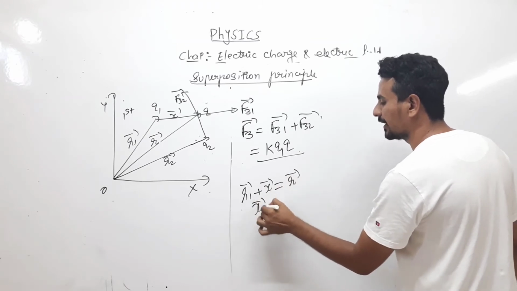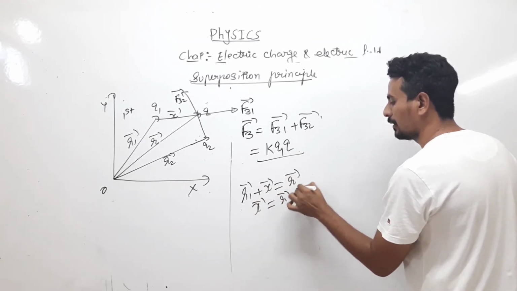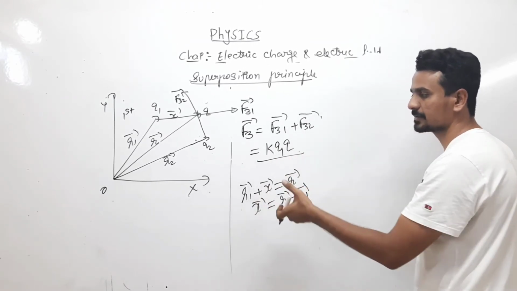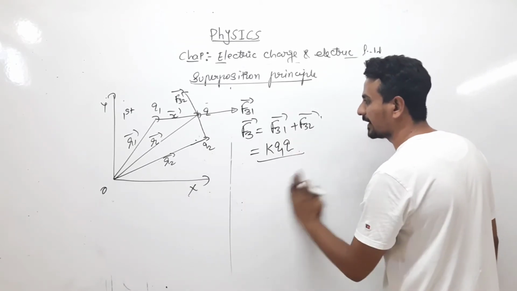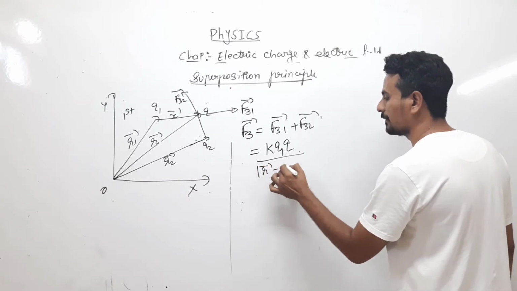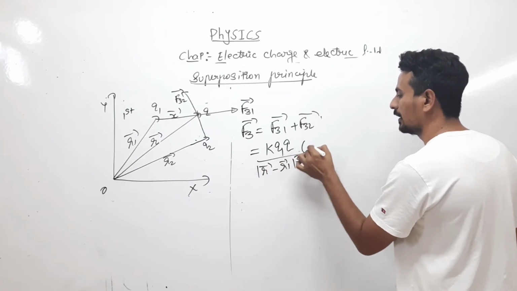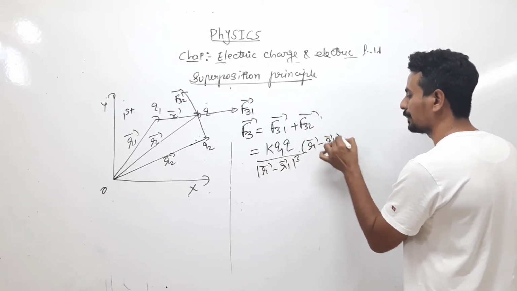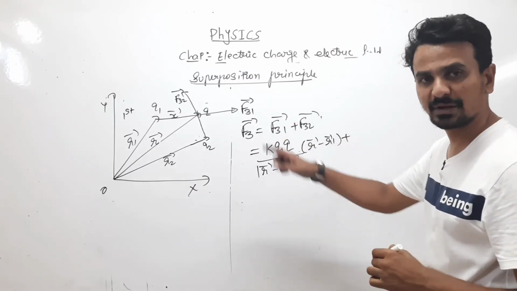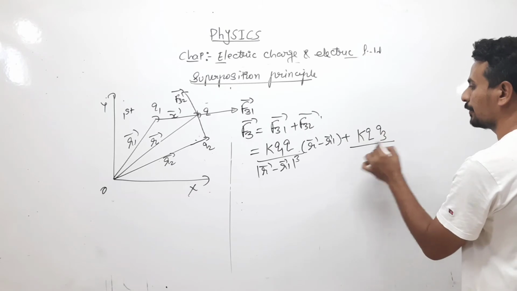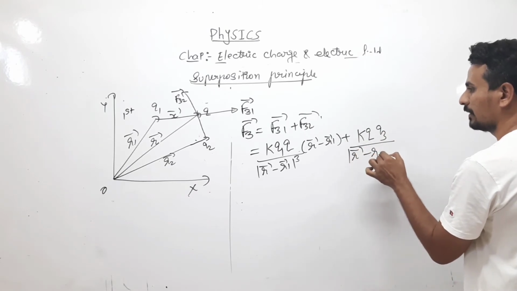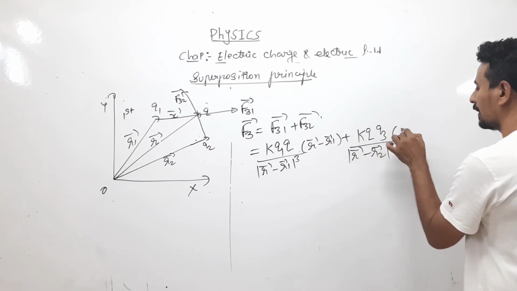So X can be written as r minus r1. So instead of X, I will write r minus r1. F31 is K Q1 Q3 upon the modulus of r minus r1 the whole cube into the vector r minus r1, plus the force on 3 because of 2, which will be K Q2 Q3 upon the modulus of r minus r2 the whole cube into r minus r2.